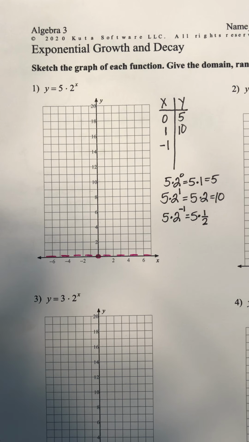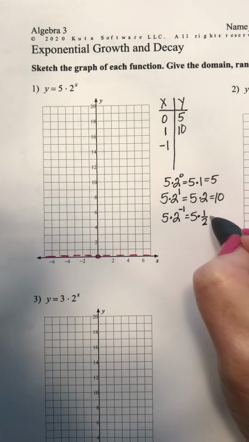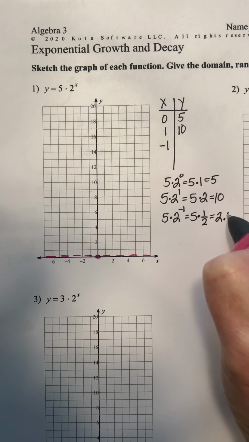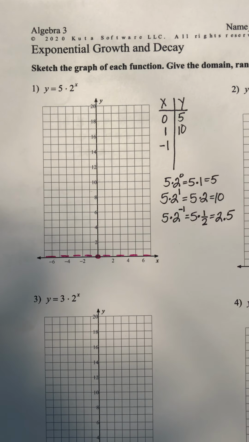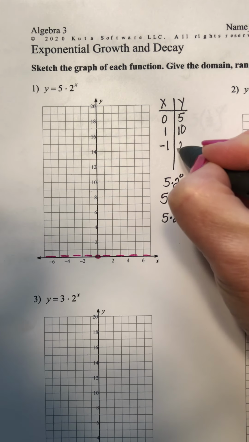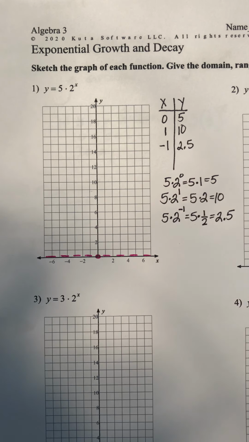Now I know you don't like to multiply by fractions, but this one is a basic one. That's basically 5 over 2, which becomes 2.5. And you can put that in your calculator. So when we plug in a -1, we get out a 2.5. That's also going to be a little bit easier to graph than, let's say, a 1/3 or a 1/5. So keep it simple.